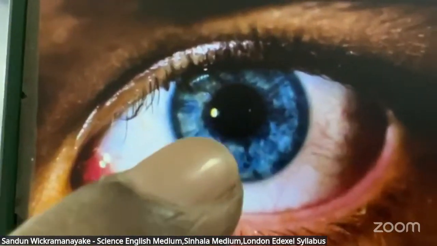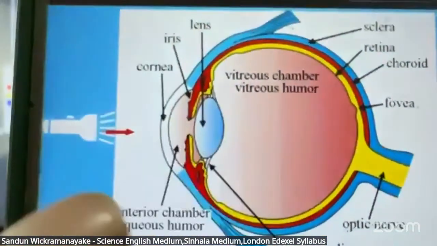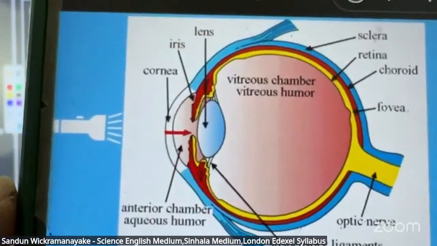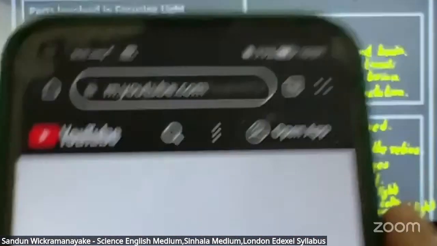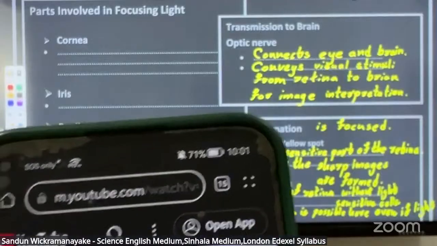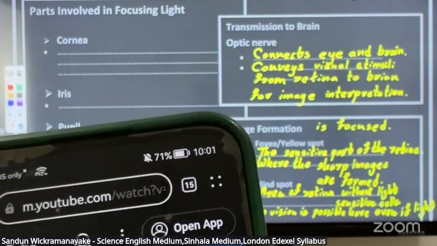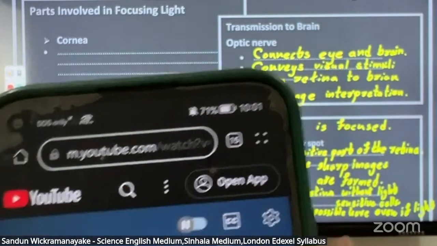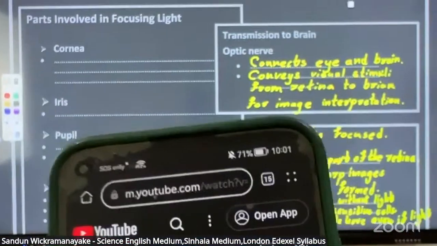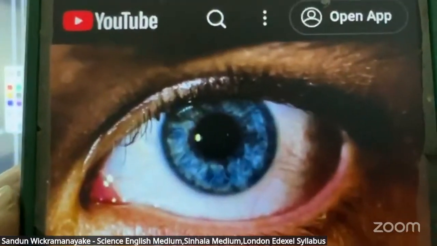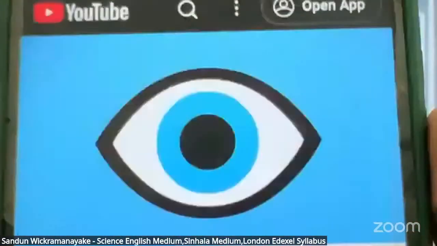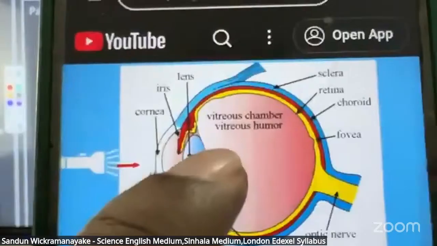The light rays should enter this cornea, through that cornea to the aqueous humor, and through the pupil to the lens the light rays go.